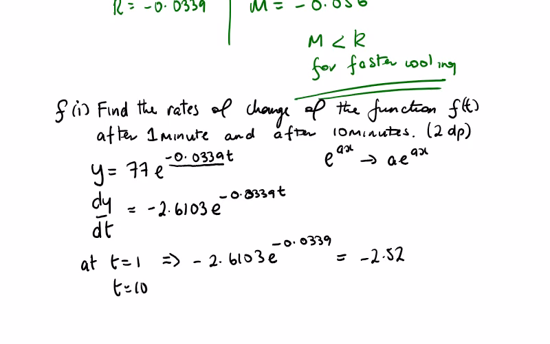And at t equal to 10, I'm going to get minus 2.6103 e to the power of minus 0. And the decimal will move just one place, so 0.339. And that's going to give me minus 1.86, both correct to 2 decimal places.